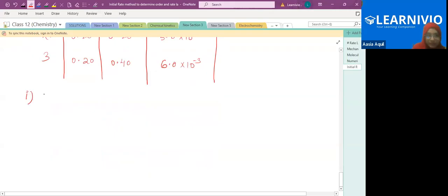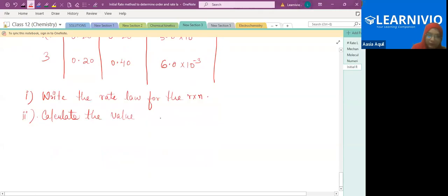Question 1 is write the rate law for the reaction. Second question is calculate the value of the rate constant for the reaction.